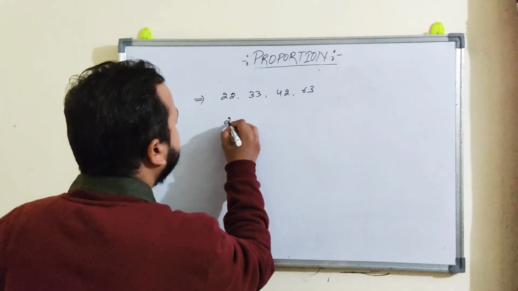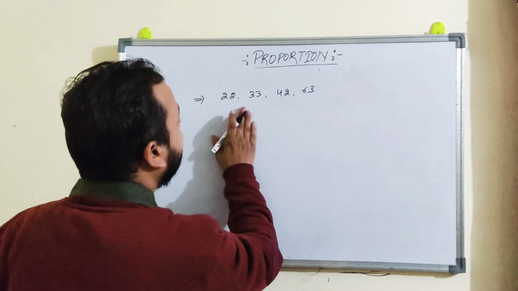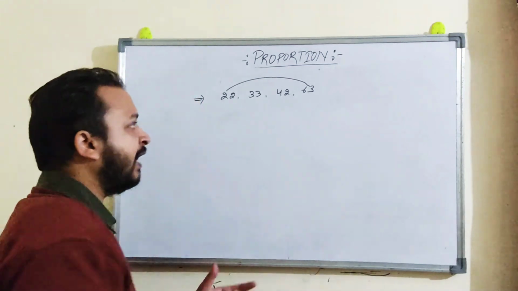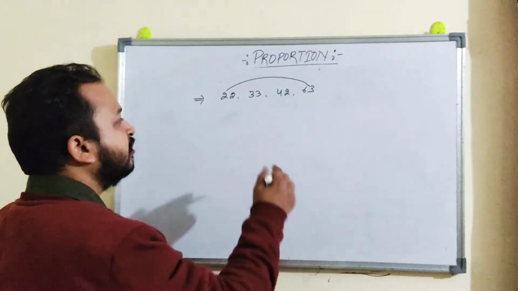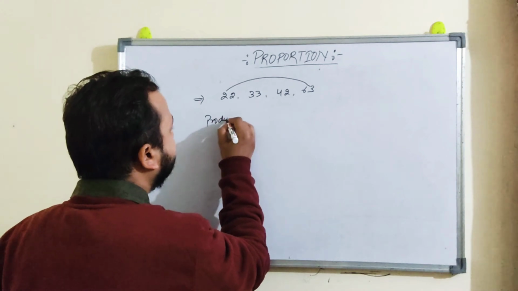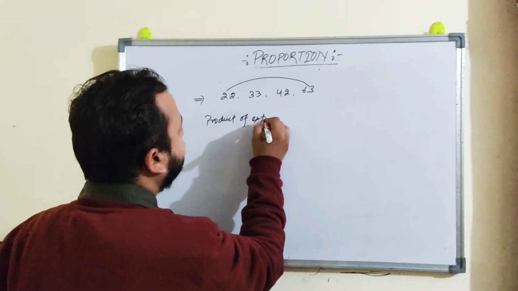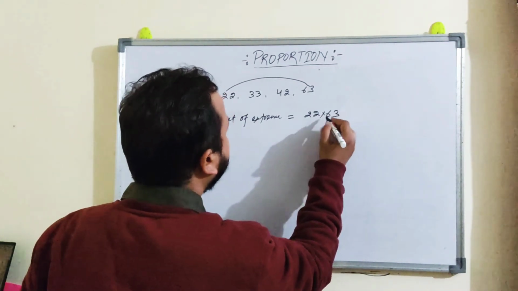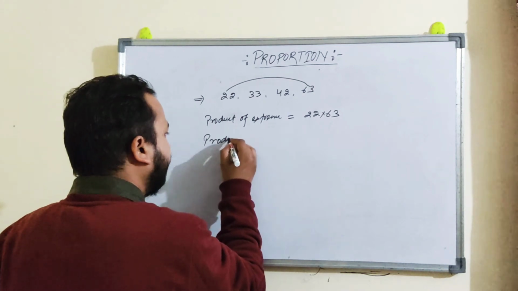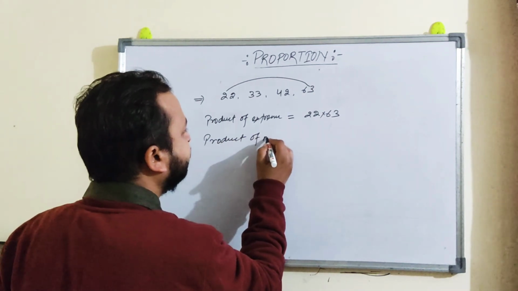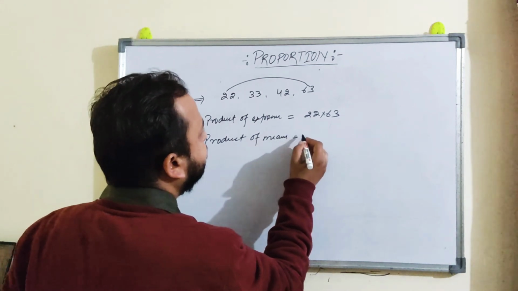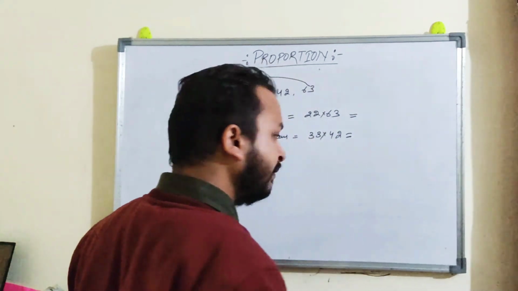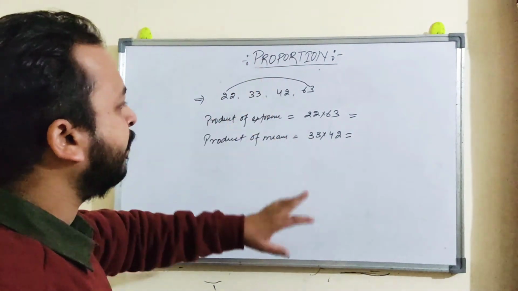So if they are in proportion, the product of extremes, these two are at the two extremes, so you can take the product of the extremes. Product of extremes is equal to 22 into 63, and product of means is equal to 33 into 42, and if they are equal, then they are in proportion.